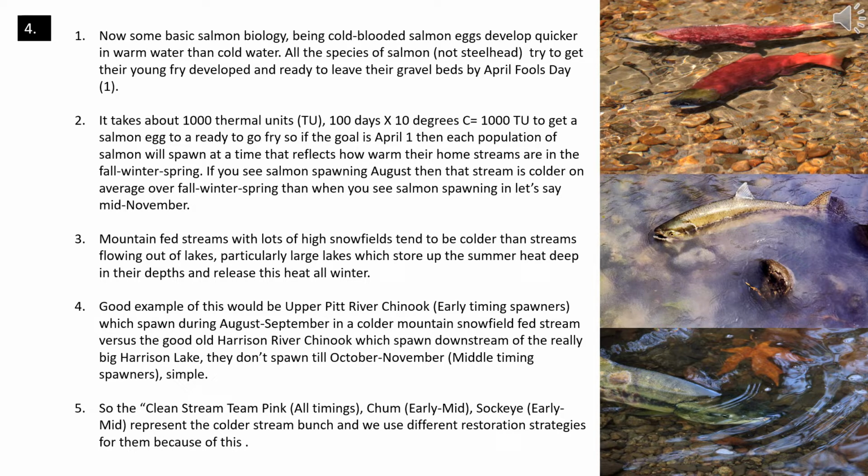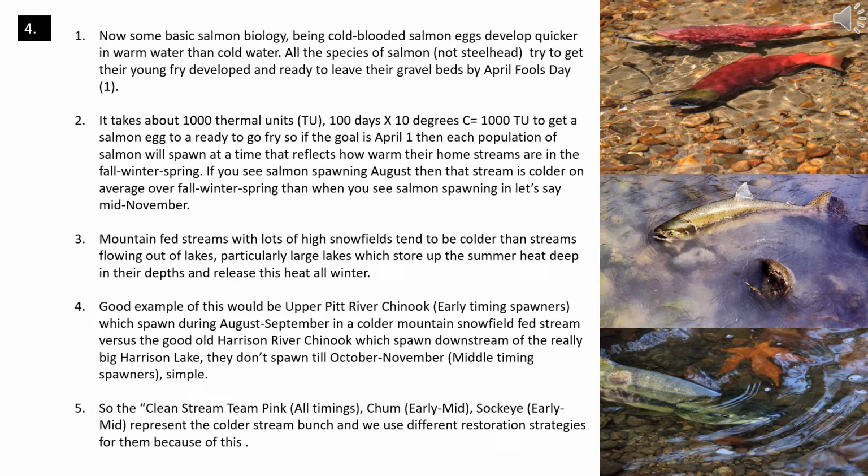Compare that to the good old Harrison River, which spawns downstream of the really big Harrison Lake. Now they don't spawn till October, November. So the Pit River are called early timing spawners, and the Harrison, October, November, are often called middle timing. Simple. But it's important because these observations give you a hint what restoration tools you may apply to help the population.